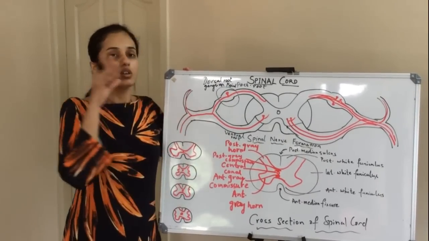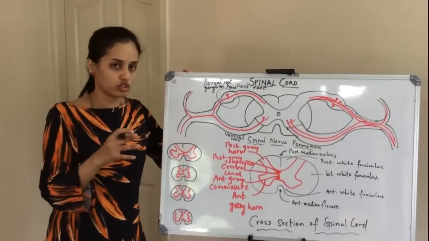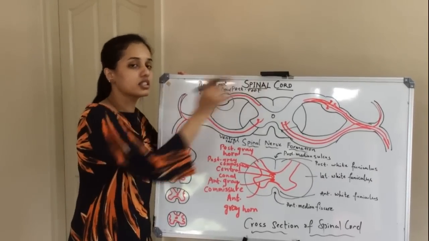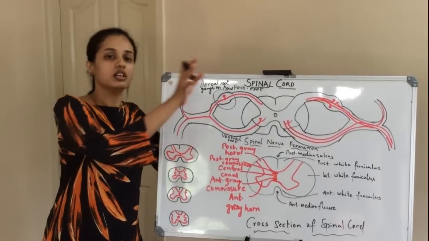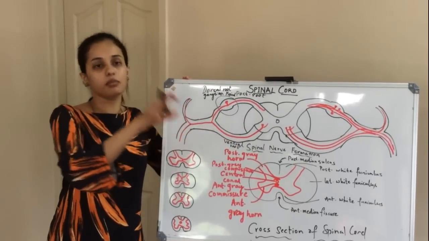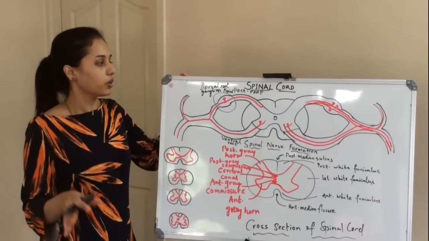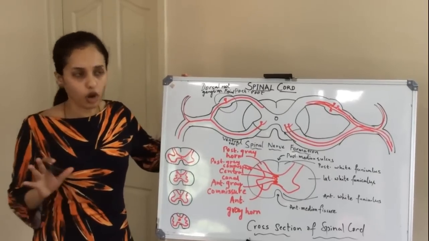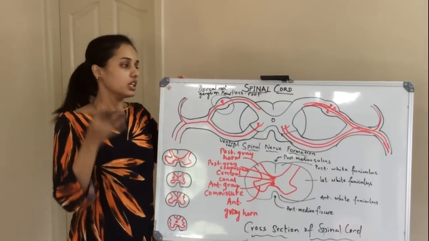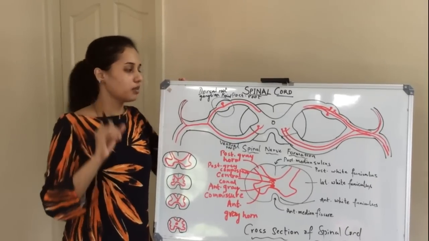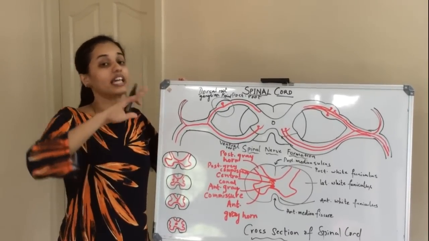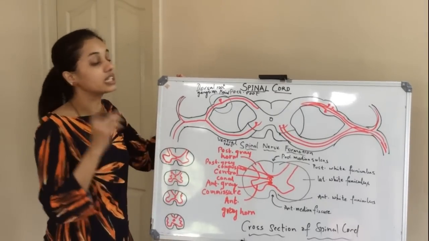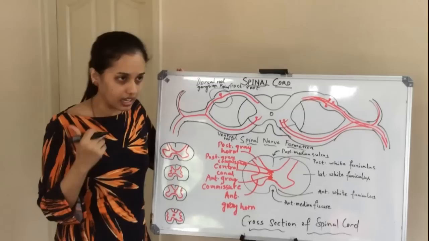You know that the neurons or the cell bodies of each nerve are present in the central nervous system, either in the brainstem or in the spinal cord, and their fibers, their axons, are moving throughout our body. But in our body there are some cell bodies or some neurons lying outside the central nervous system, that is brain and spinal cord, and these are called ganglia.